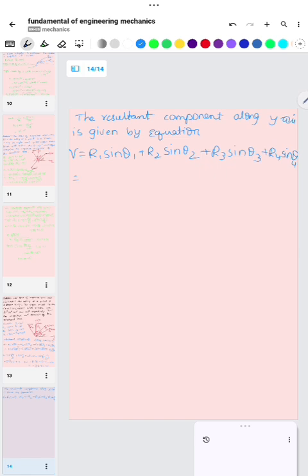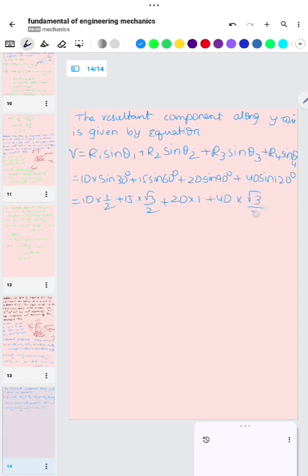So R1 is given as 10 into sin 30 plus 15 into sin 60, 20 into sin 90 degrees plus 40 into sin 120 degrees. So 10 into 1 by 2 plus 15 into root 3 by 2 plus 20 into sin 90 is 1 and plus 40 into sin 120 value root 3 by 2.